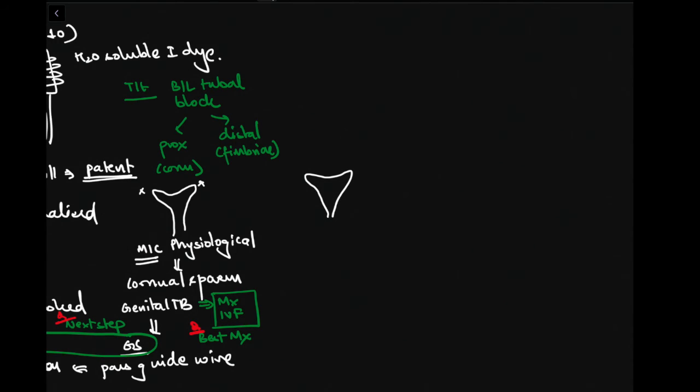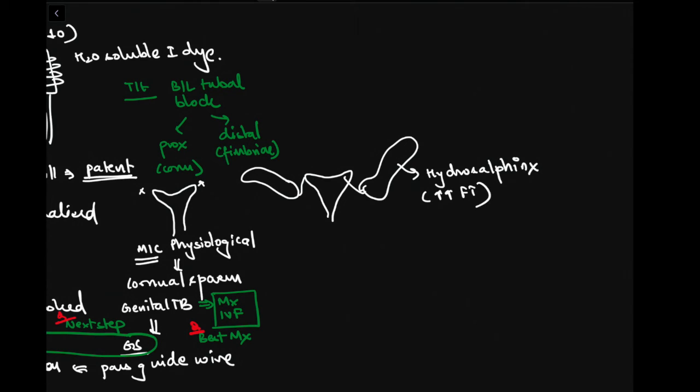Now coming to the distal block. So here we can see dilated fallopian tubes without any spill. This is known as hydrosalpinx. Right, पानी भर जाता है tubes में. Okay, and the distal block basically can be classified without hydrosalpinx.